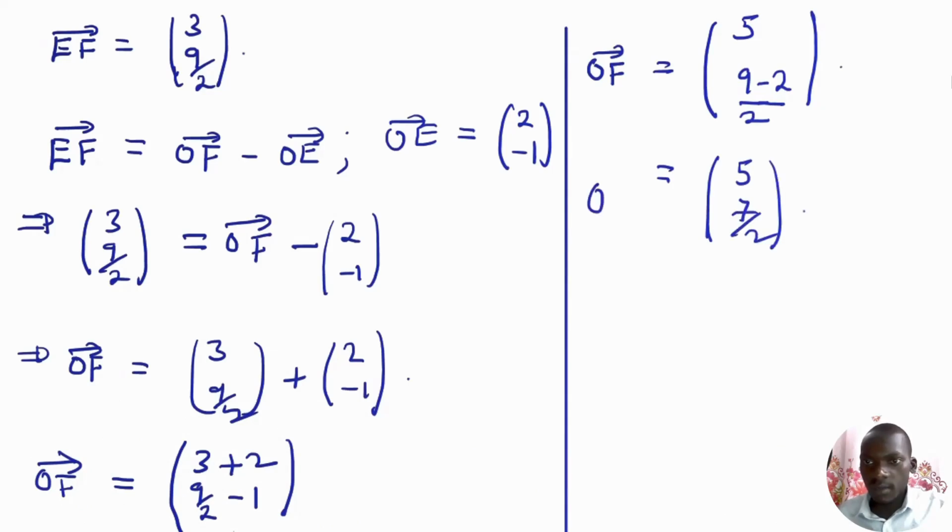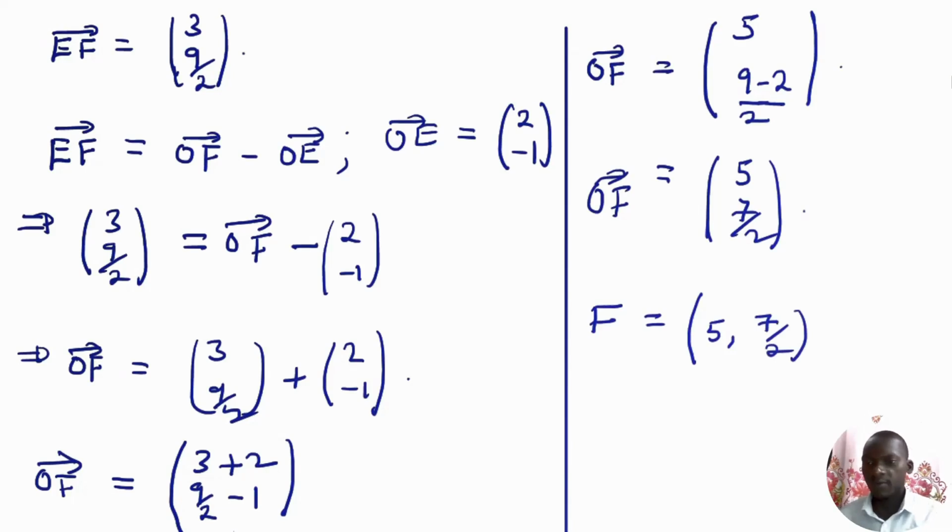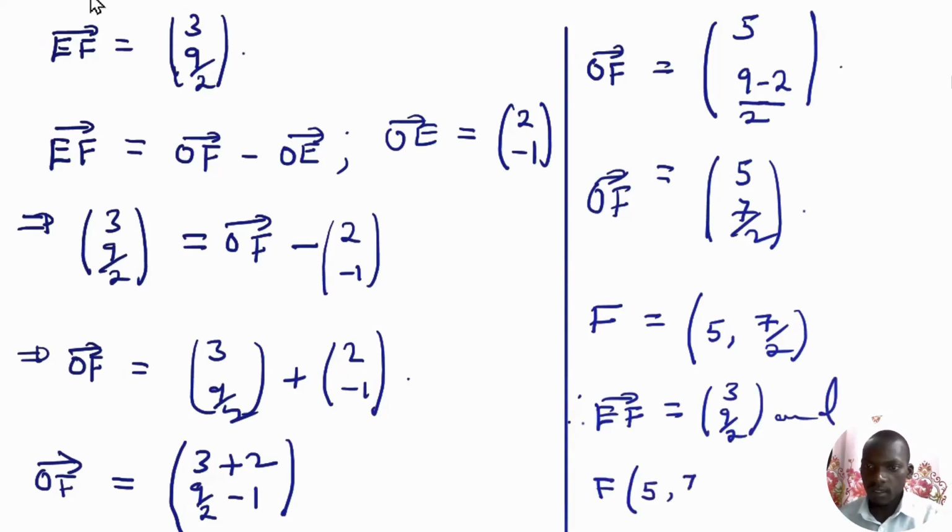So this is the position vector OF, implying that the coordinates of F equal (5, 7 out of 2), or 3.5. Therefore, the vector EF equals (3, 9 out of 2), and the coordinates of F are (5, 7 out of 2). This becomes our answer for this number.